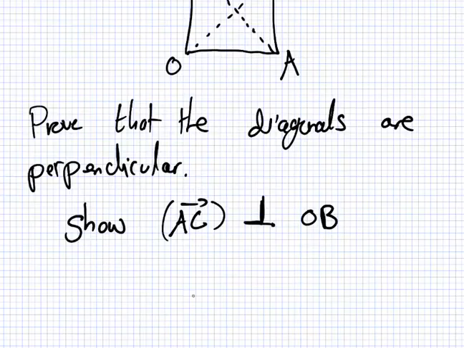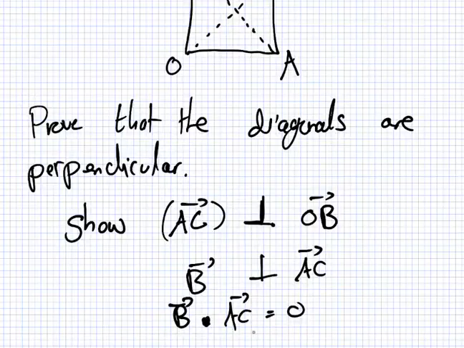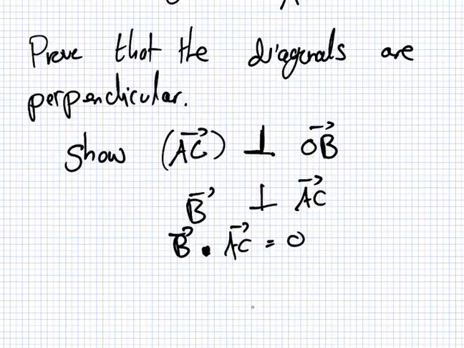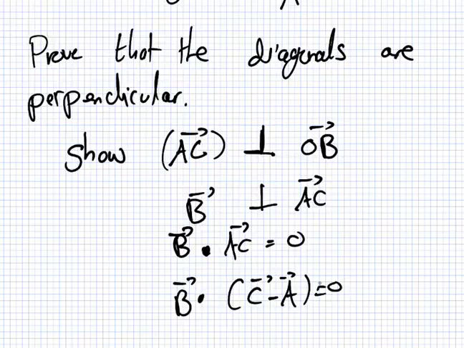Or if you want to say it the other way, OB is perpendicular to AC. And as you said, that means you want to show that OB dot AC equals 0. That means you want to show that B dot C minus A equals 0.